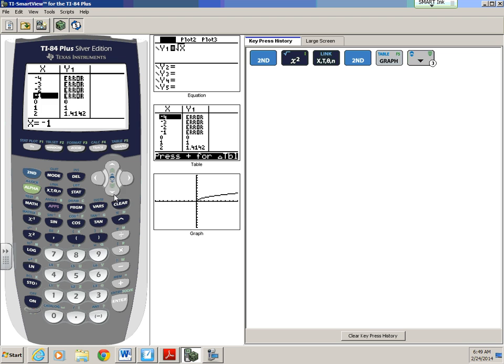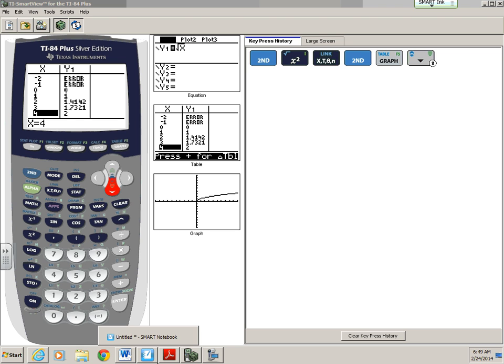You'll notice, and this is the key thing, that you're getting error messages for certain values. That means those are values that will not be able to exist for x. What we want to do is choose those values that are going to give us nice numbers as much as possible.